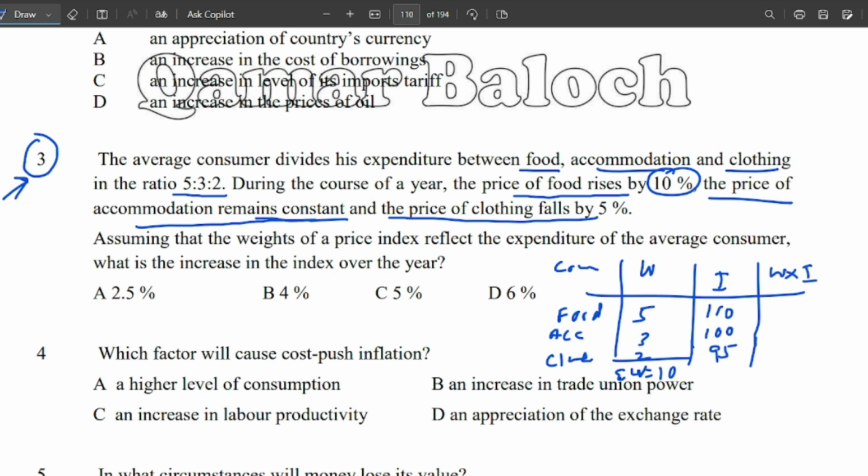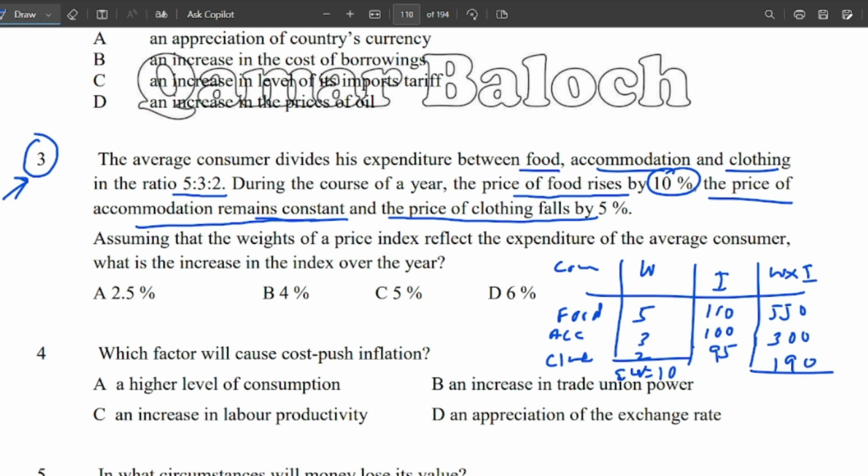Next, we have to multiply weight and index. So 5 into 110 is equal to 550, 3 into 100 is equal to 300, and 95 into 2 is 190.